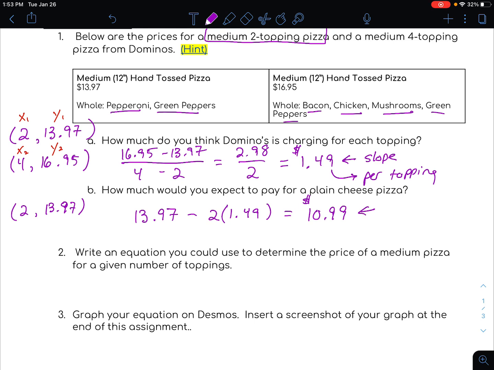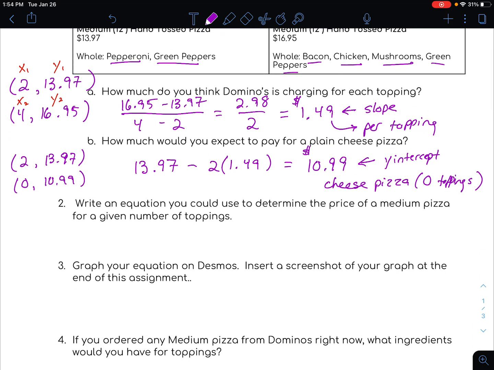And that would be our cheese pizza. In other words, 0 toppings other than the cheese. I guess that counts as a topping, but usually you're given that topping. Because what is a pizza without cheese? And that also tells us something about our eventual graph. That's really our y-intercept. So because for 0 toppings, our base price is $10.99.